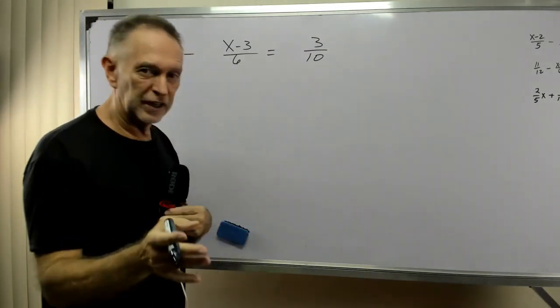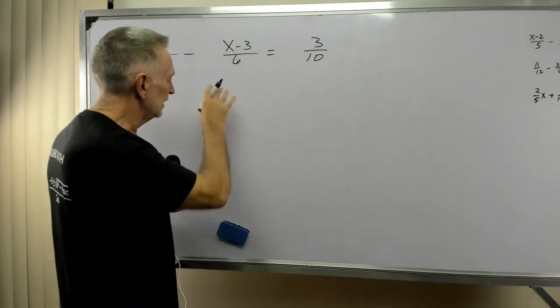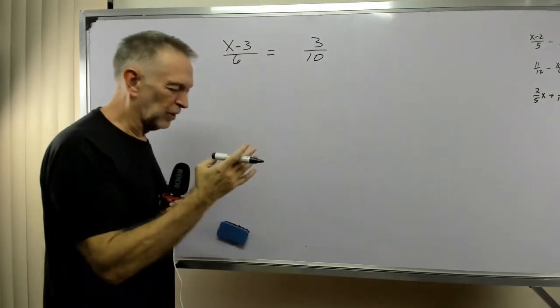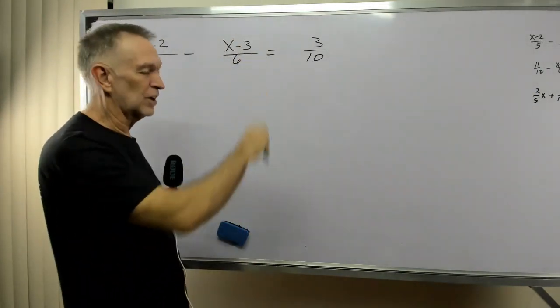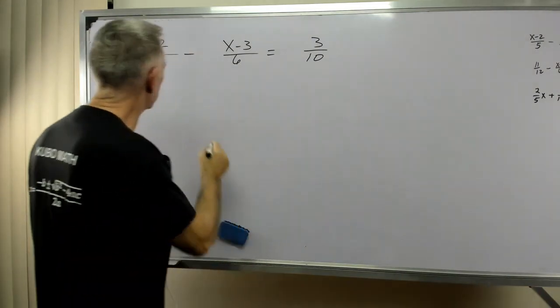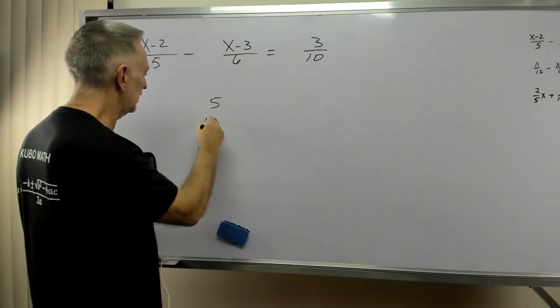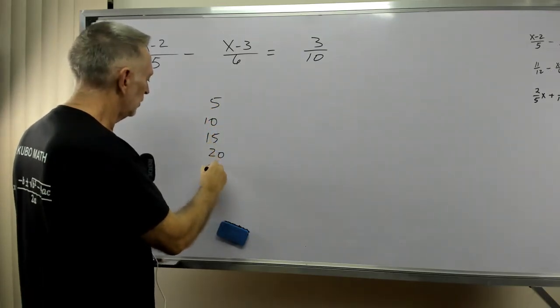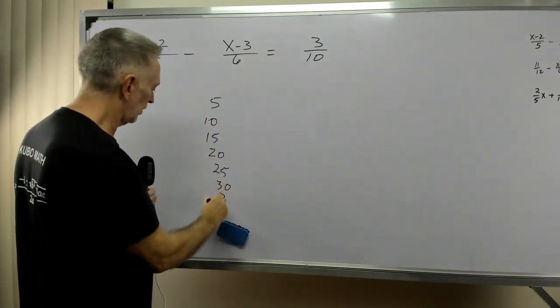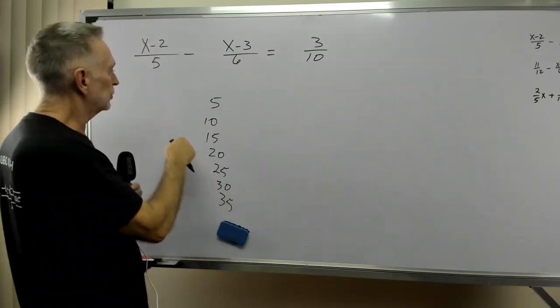Well, you've been studying least common multiples. As you've been doing this for a while, you'll know, oh, I know what the least common multiple is. You can get it pretty quick. But back in the day, we used to say, okay, 5, 10, 15, 20, 25, 30, 35. That would be the multiples of 5.